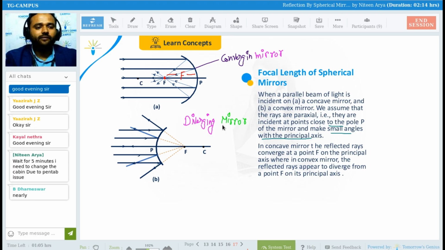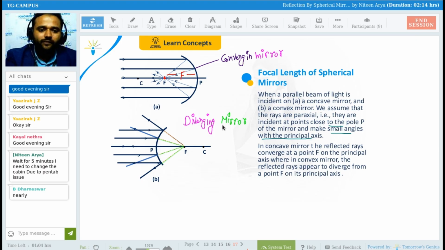But we have a focus, a focal length, and a center of curvature also. So what is happening in this scenario? The rays seem to converge, or seem to meet at a single point, and these dotted lines are basically virtual reflected rays, because they are not actually occurring in real.